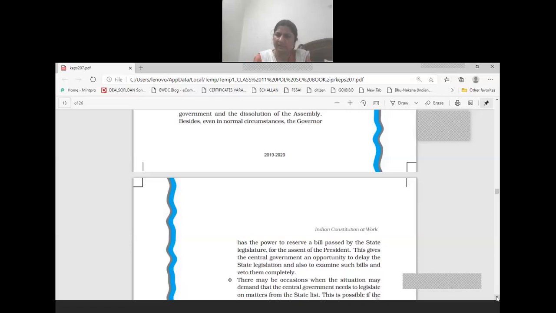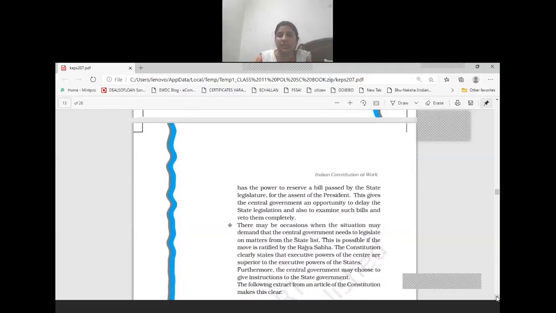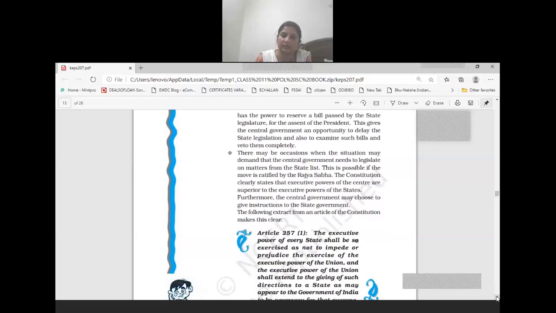In this regard, what we see is that the president does not use his discretionary power in this situation. The president acts according to the aid and advice given by the cabinet. So in this way, the central government gets an opportunity to delay the state legislation, and it can also examine such bills and veto them. So we have discussed this so far.